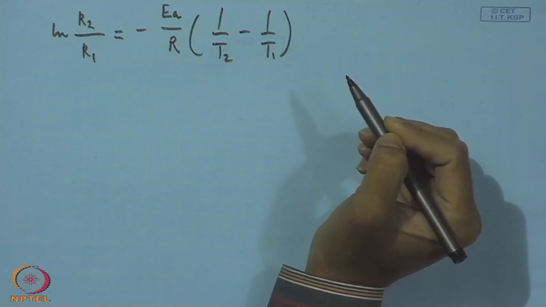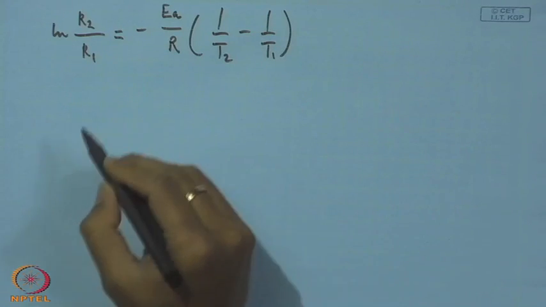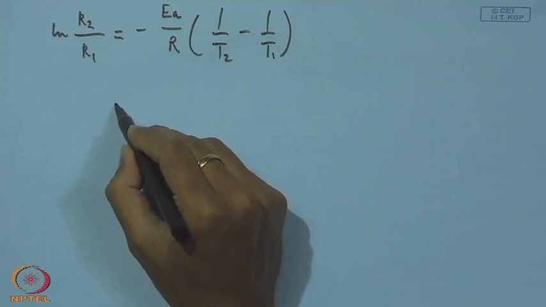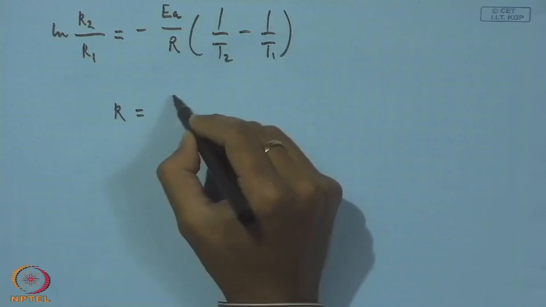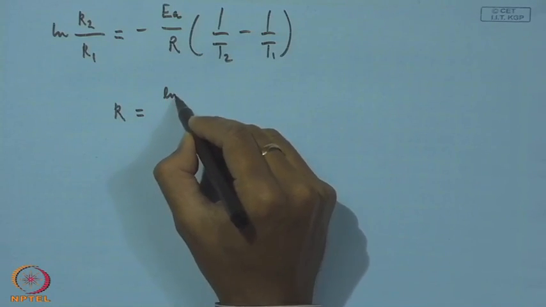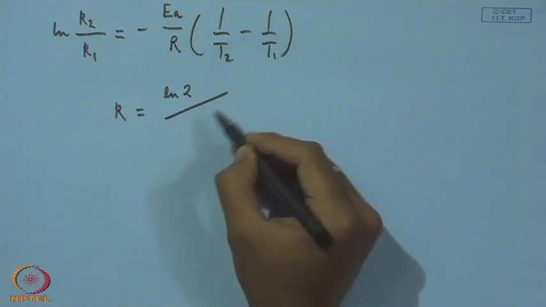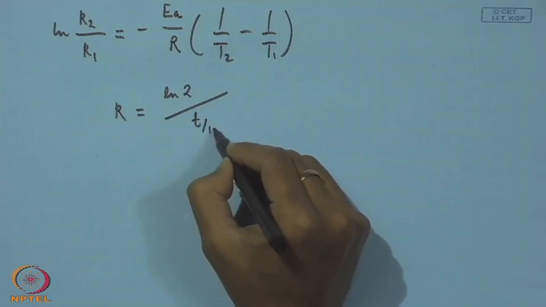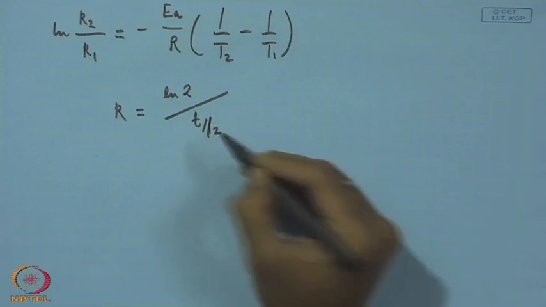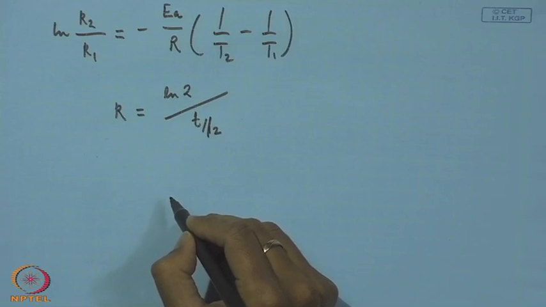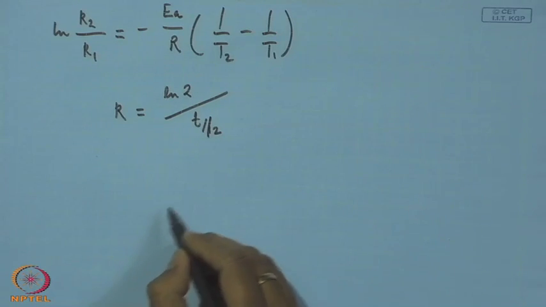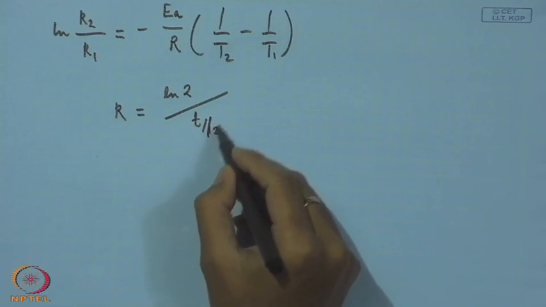And for a first order reaction, K is equal to ln 2 divided by T half. So, we can plug in this information.